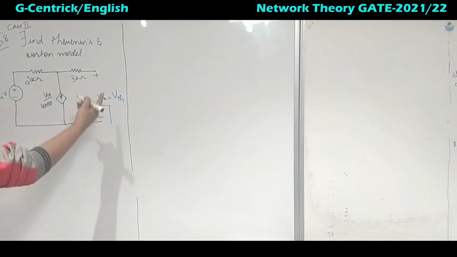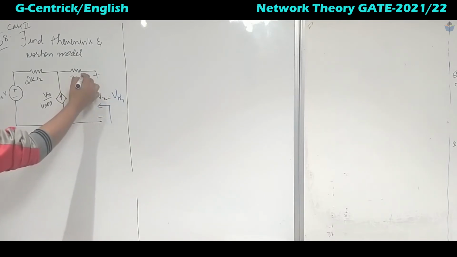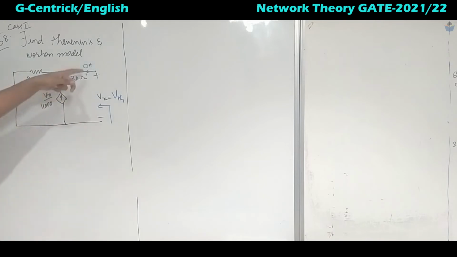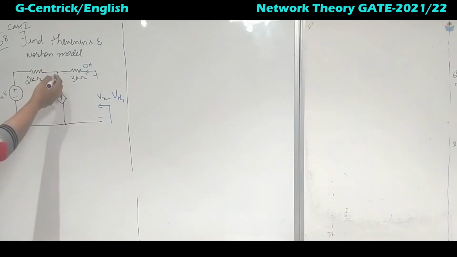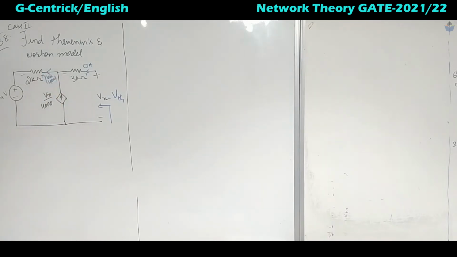Right? So how do you calculate V Thevenin? Now if you see here, 0 ampere current is flowing because of the open circuit. So whatever current is here, it will flow in this direction. It is nothing but Vx by 4000, right?